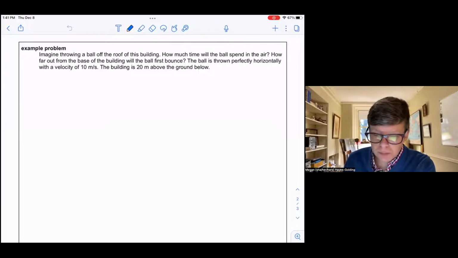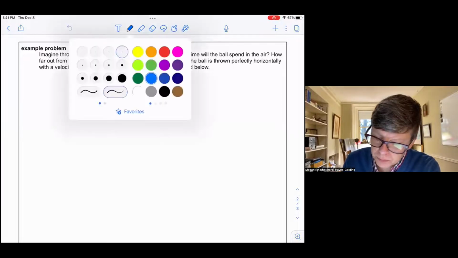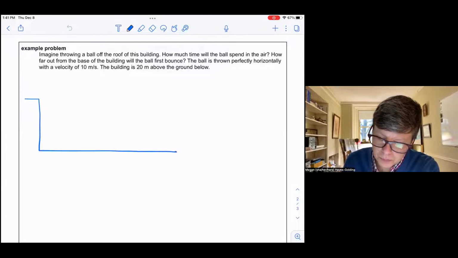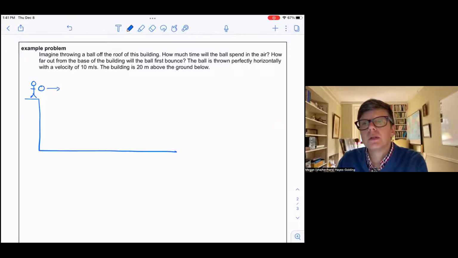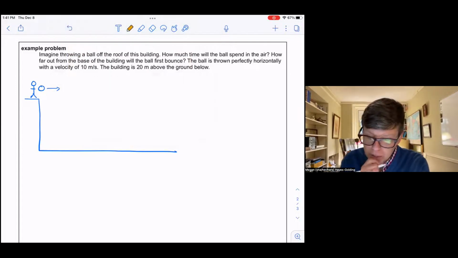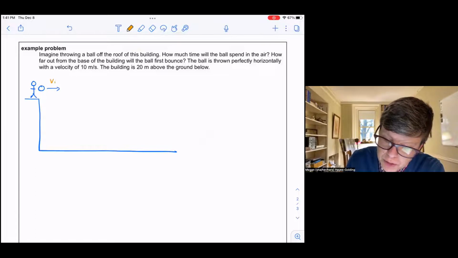Start with a sketch. Now I'm going to fill in the important numbers given to us in the problem. Let's see, the ball has an initial velocity.